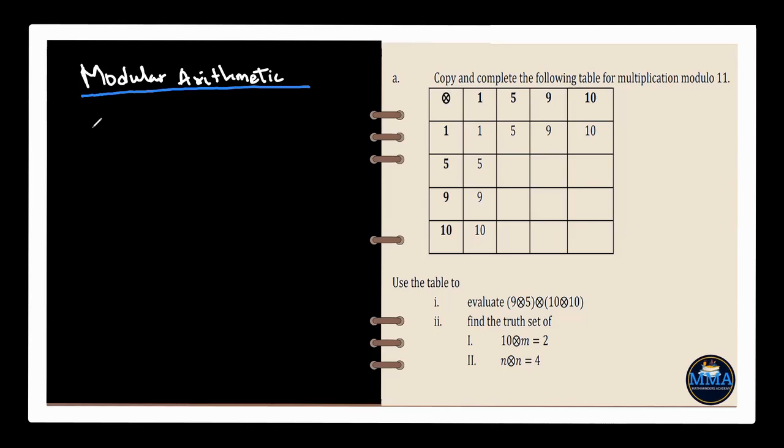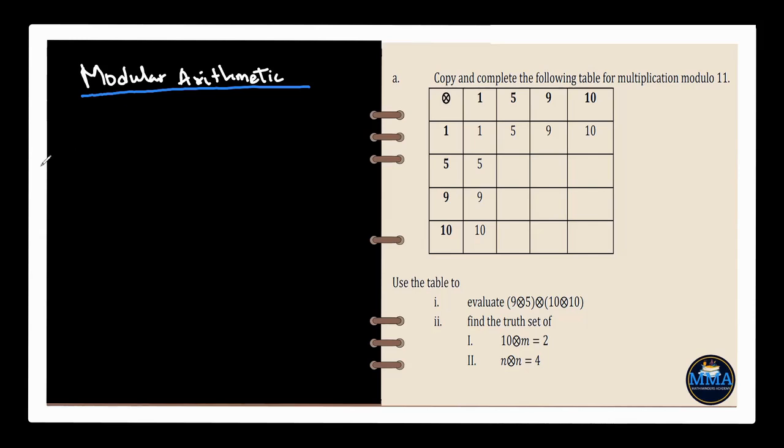Here, we will be looking at questions that involve the use of a table, as we have in this particular example. We are given a multiplication table in modulo 11. They say copy and complete the following table for multiplication modulo 11.